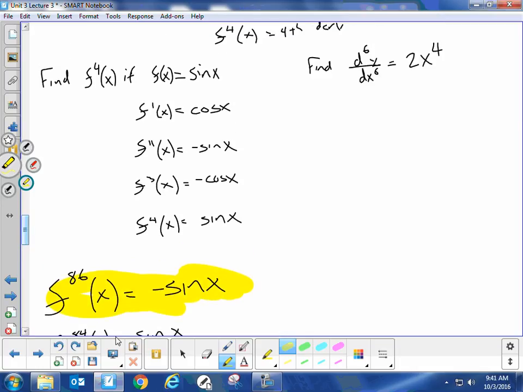Well, you guys can also find the sixth derivative of 2x to the fourth.